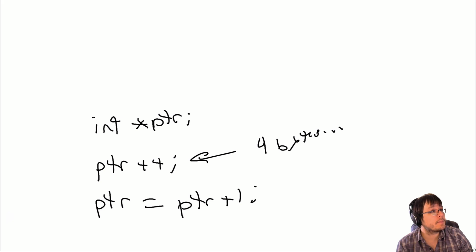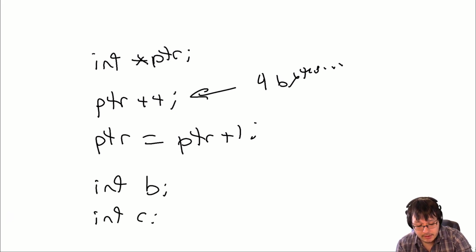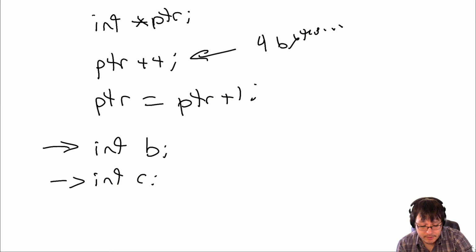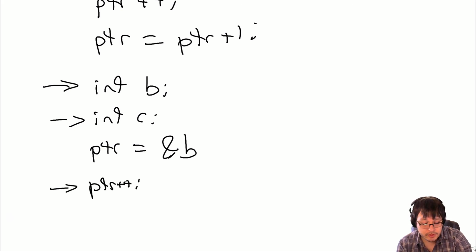And you don't need the address-of operator if you're dealing with a pointer. If you're not dealing with a pointer but you still want to increment it, let's say you have a variable b and a variable c beneath it, and you have the address of b but not of c because this is private or something, then you can assign your ptr to b like that, and then do ptr++. And now this should point to c.